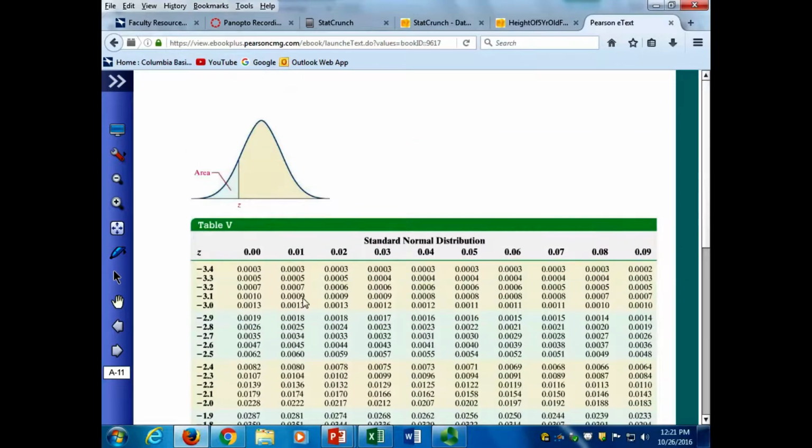So if I wanted to calculate the probability of being less than, say, negative 2.93, I would go down to negative 2.9, and it would tell me that the area below is 0.0017.